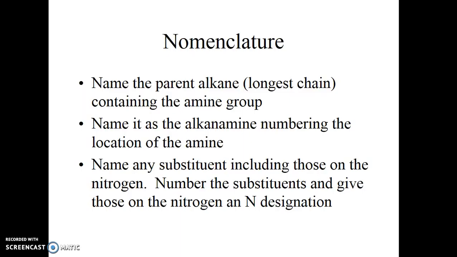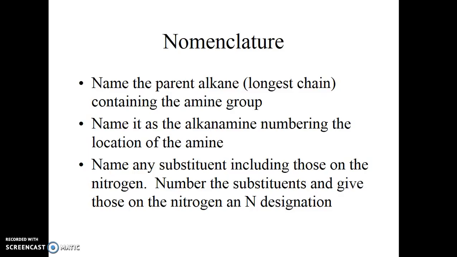And so let's say an amine that is on the end of a 4-carbon chain, we would name that butane, and then we would call it butanamine. But we would need to locate the amine, so then we say 1-butanamine. If it was on the number 2 carbon, of course, 2-butanamine. Any substituents after that need to be named.